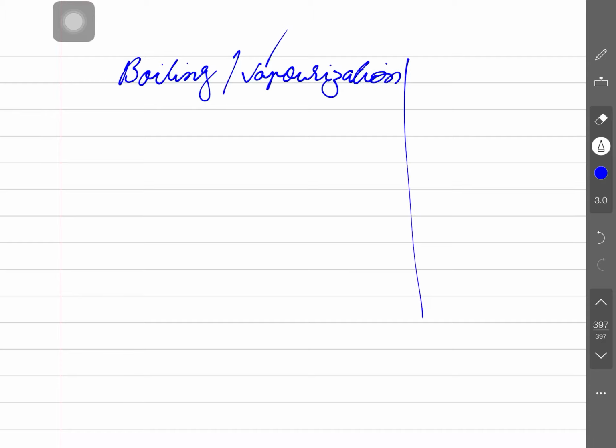Boiling is called vaporization, and the second concept is evaporation.